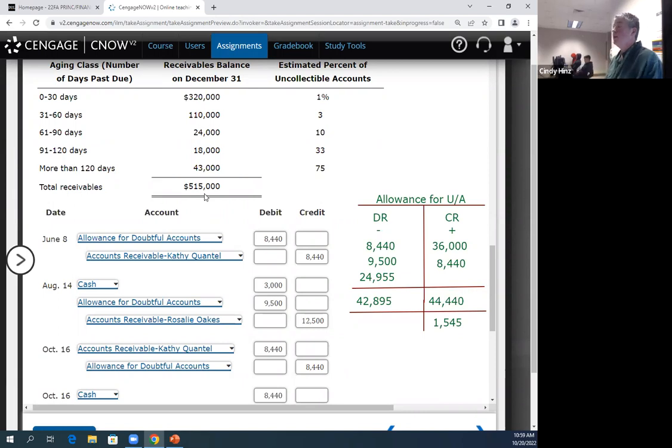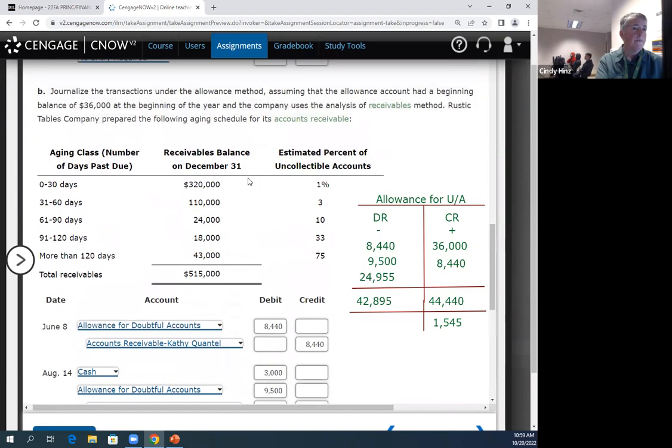Unlike accumulated depreciation, which is the first contra asset account we saw, and always has a credit balance, it can't have a debit balance, this account can, at least temporarily. It's not supposed to, but it can happen.